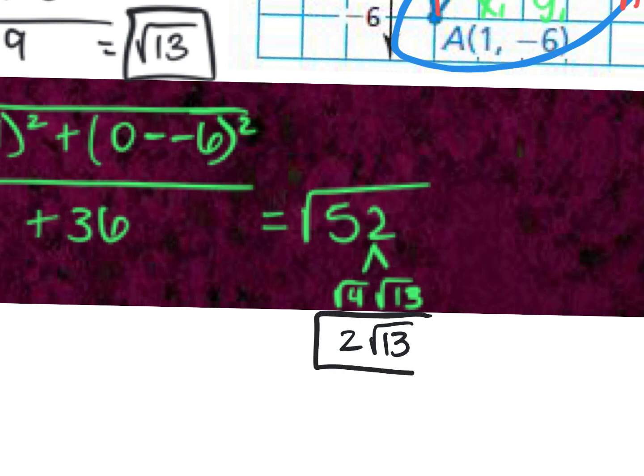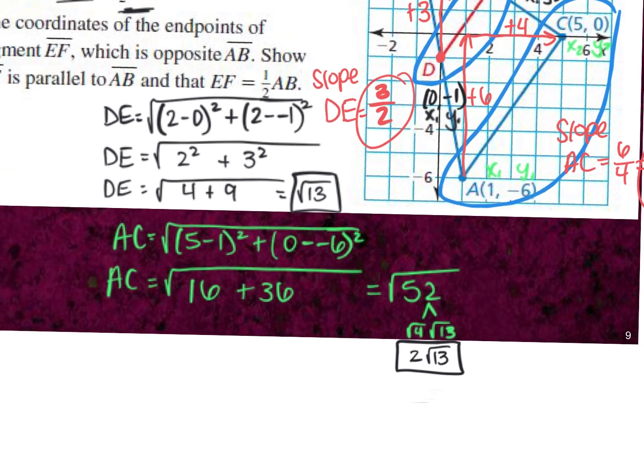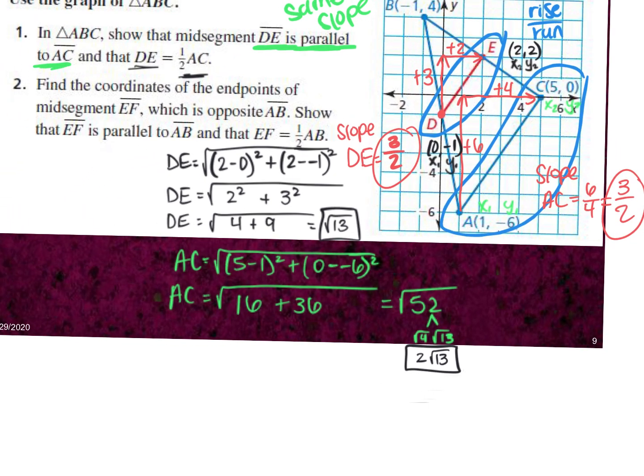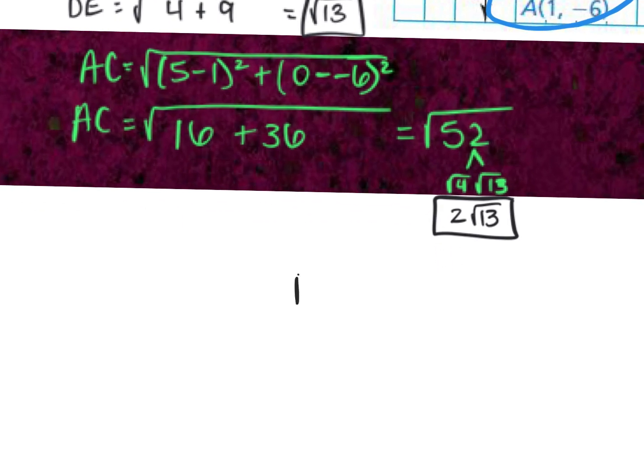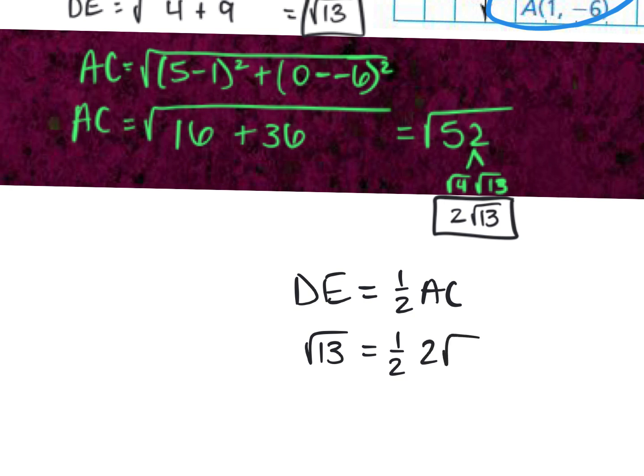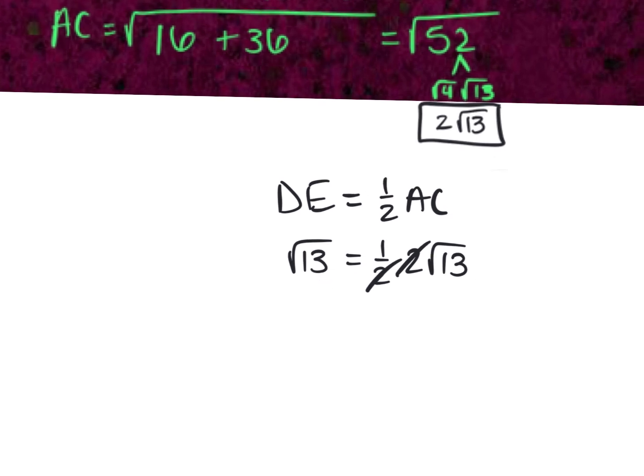So as you can see, if we plugged it back into that formula, DE equals 1/2 AC, we found that DE was the square root of 13, and we found that AC was 2 times the square root of 13. This 2 multiplied by 1/2, they're going to cancel and give you 1. So it's going to be the square root of 13 equals the square root of 13, okay, which is true.